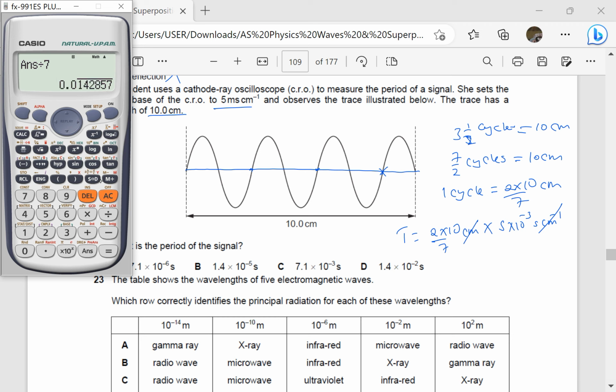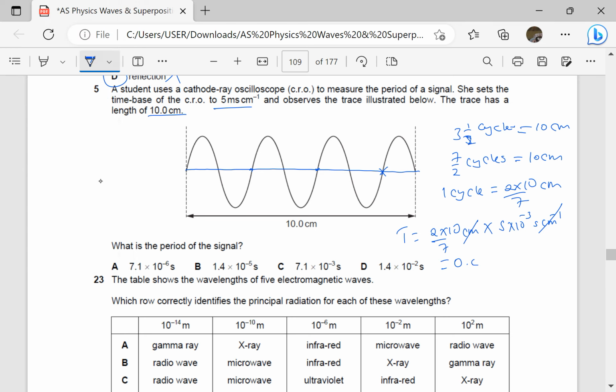So this gives us 0.014, which is 1.4 times 10 power negative 2, which makes the answer to be D.